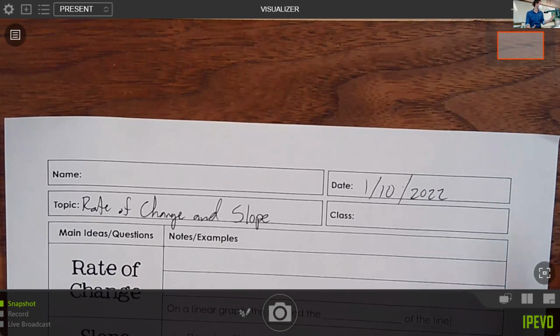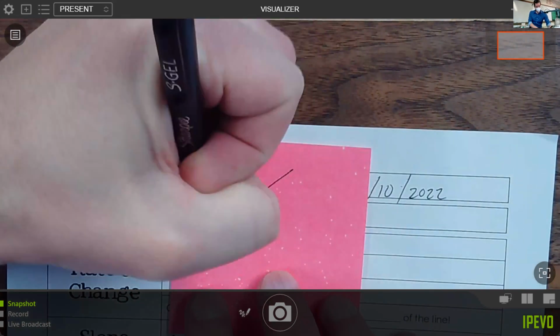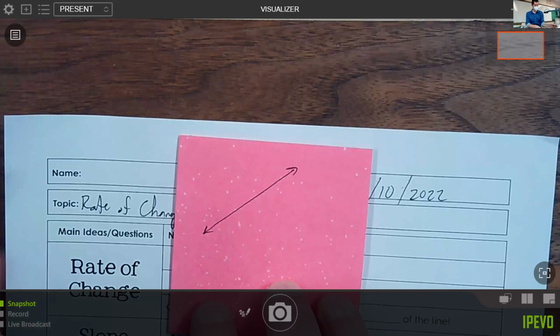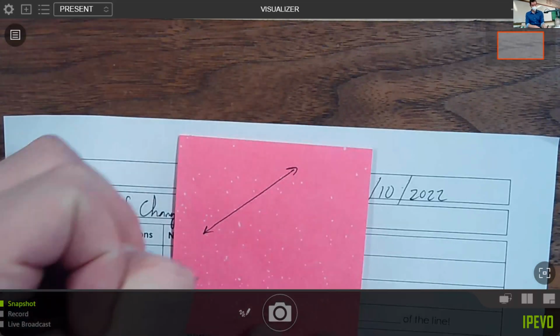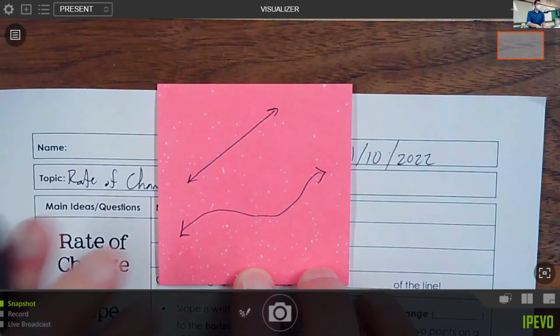And when we say line in math, it has to be what we would consider to be a straight line. This is a line here. This right here, this would not be considered a line in math.